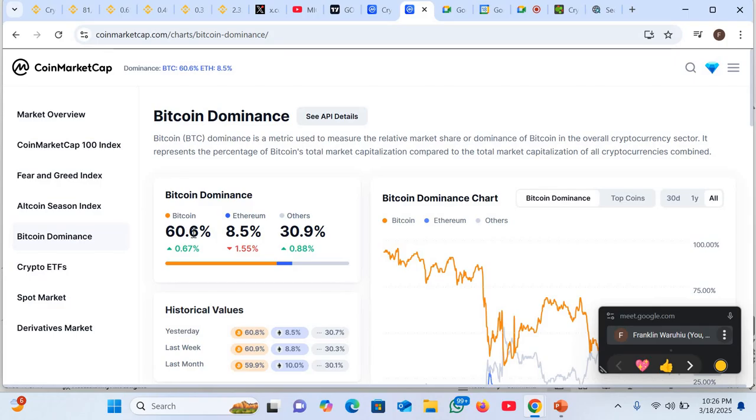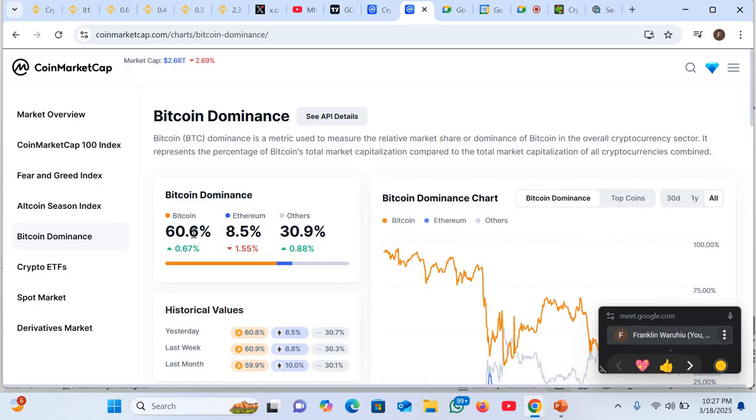But when that Bitcoin dominance drops to around 50% or below, it simply means that people are moving their money from Bitcoin into altcoins. And once the volumes in these altcoins increase, we said that when volumes increase, the prices of those altcoins will also tend to increase.